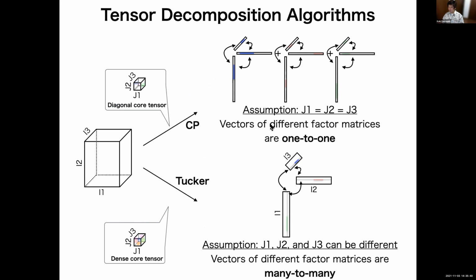And also the relationship of vectors of different factor matrices are 1 to 1. On the other hand, in Tucker decomposition, the core tensor is assumed to be dense, which means J1, J2, and J3 can be different. And the relationship of vectors of different factor matrices are many to many.